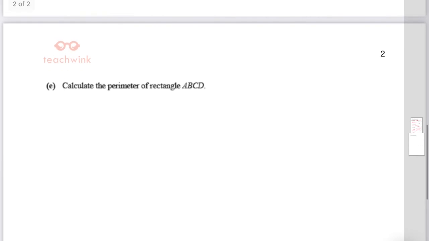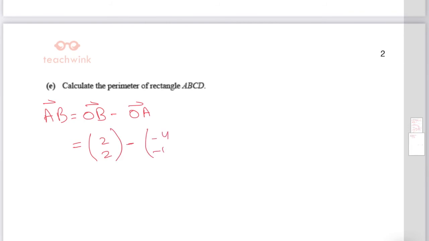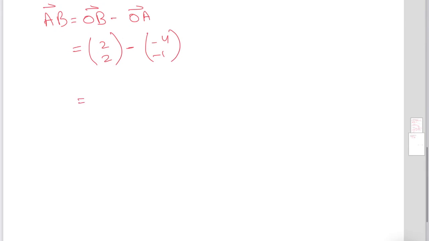The vector AB is equal to OB minus OA. B is (2, 2), and OA is (-4, -1). So the vector AB comes out to be (6, 3).